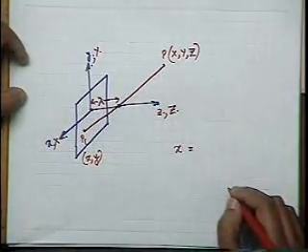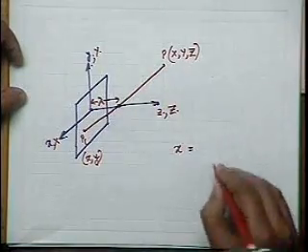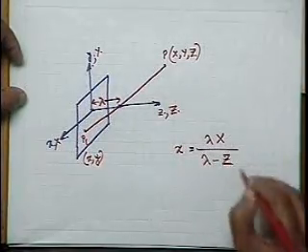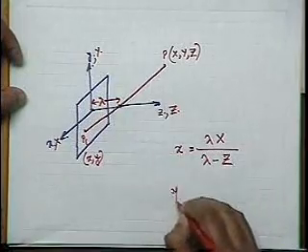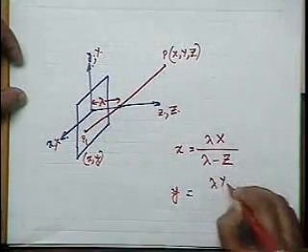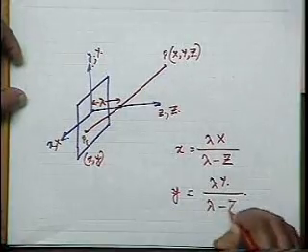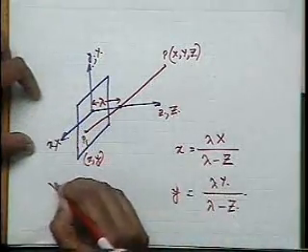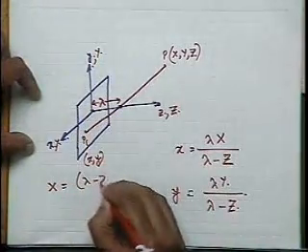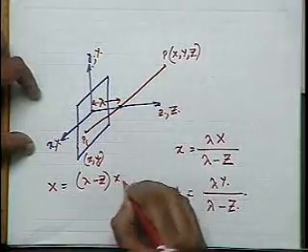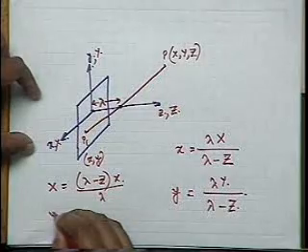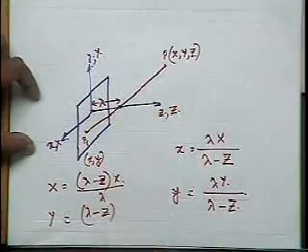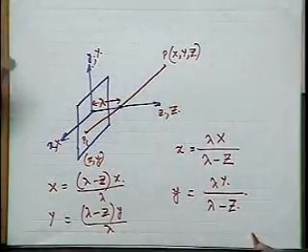Our small x for the camera coordinate was equal to lambda capital X by lambda minus capital Z, and small y was equal to lambda capital Y by lambda minus capital Z. From these two equations we get capital X equal to lambda minus capital Z into small x divided by lambda, and capital Y equal to lambda minus capital Z multiplied by small y divided by lambda.